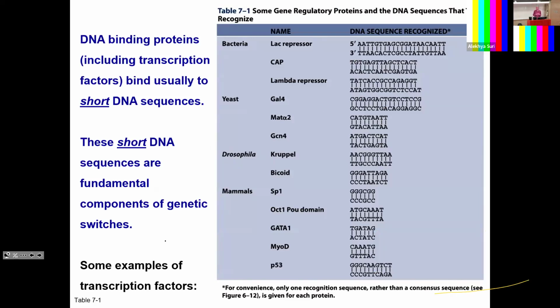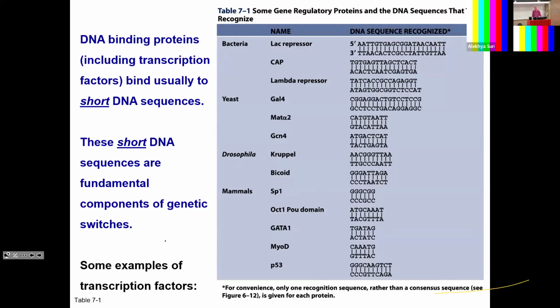Also, transcription factors might be very big, large molecules, large proteins. They would bind only very small, short sequences. So we have here a list of different sequences that are bound by different transcription factors. Don't need to memorize this.